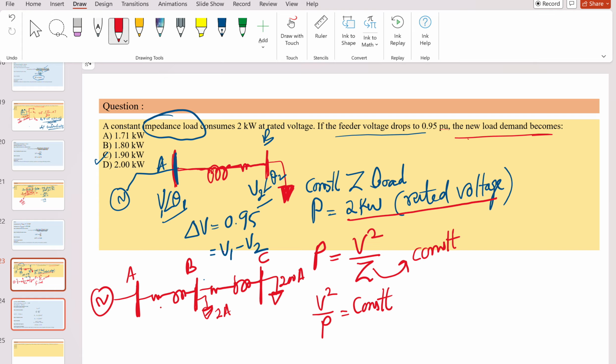You can lump this also because there is no significant voltage drop in between. The current coming from here is 202 only, and here what is flowing is 200 only. So when you see the I square Z loss, it is I square Z here and here also, there is not much difference, because the load current is very high.